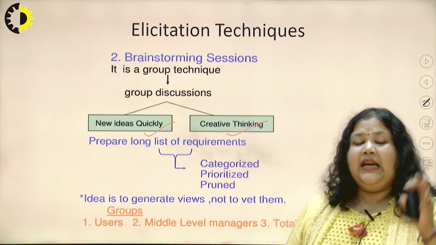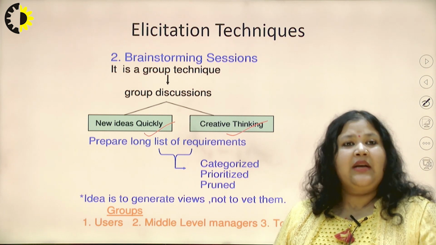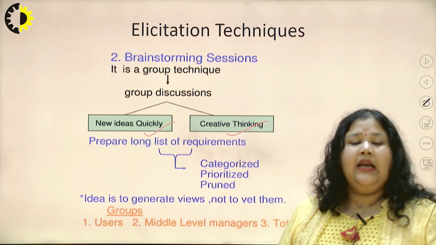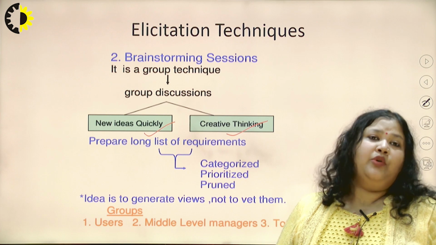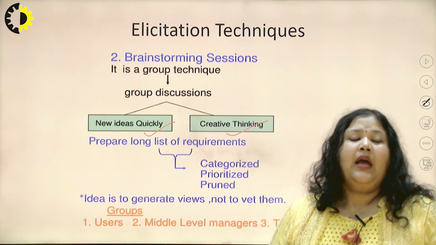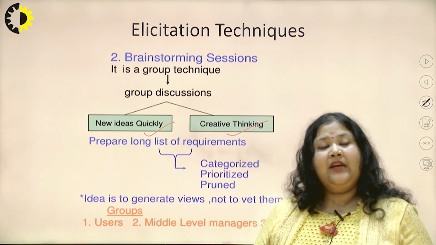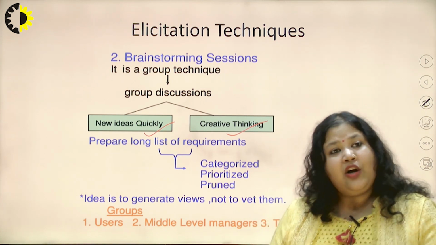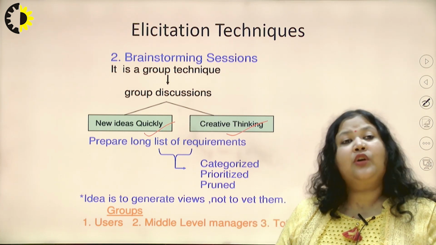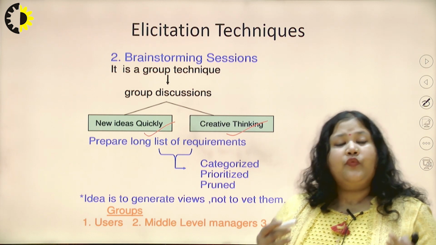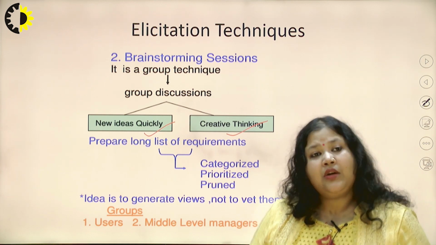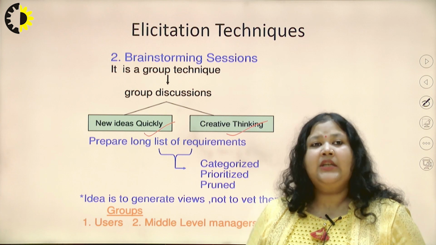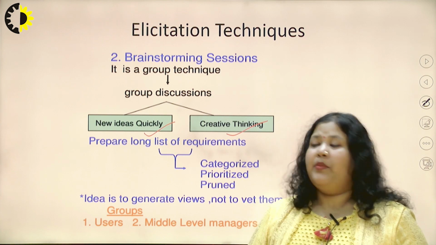So basically it is a group technique or a problem solving technique with a defined group. Each and every person gives a view of that particular problem, gives ideas and solutions for that problem. So we have to find the best solution from the discussion or the brainstorming sessions.